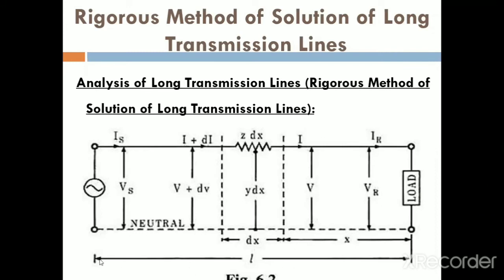The total transmission line has a length of L meters. In that L meters, from the receiving end side, at x meters distance, we are taking the small length dx.